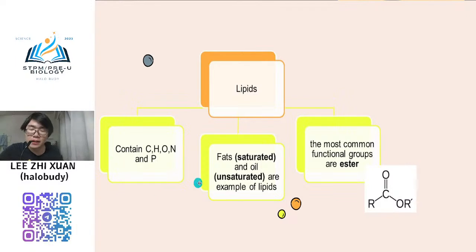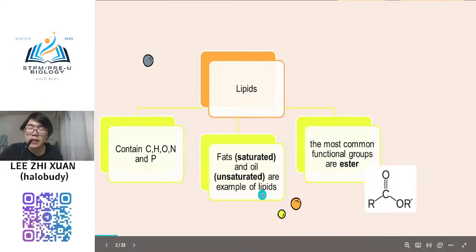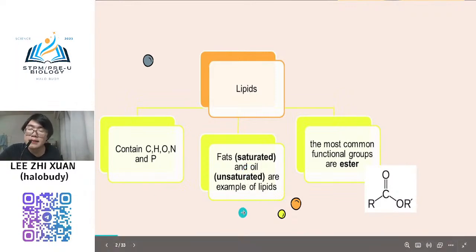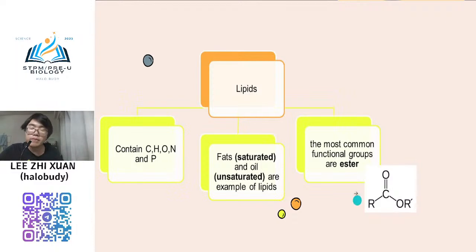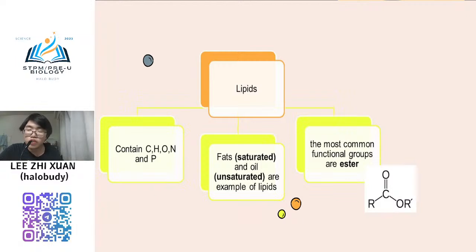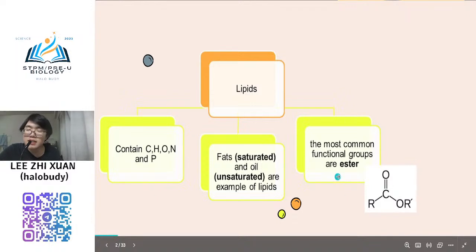Normally lipids are classified as saturated fat or unsaturated fat, and the common functional group is ester. Lipid contains the ester functional group, which is a combination of a carboxylic group and a hydroxyl group.